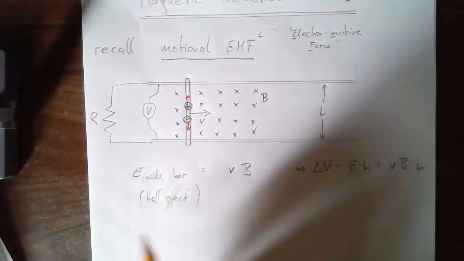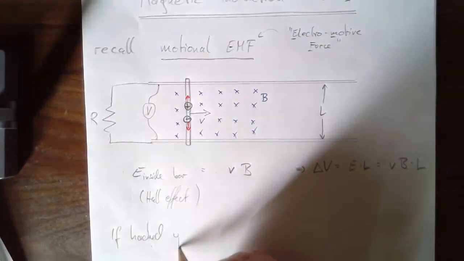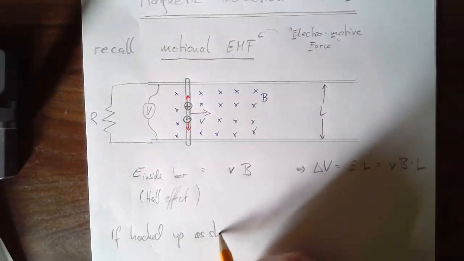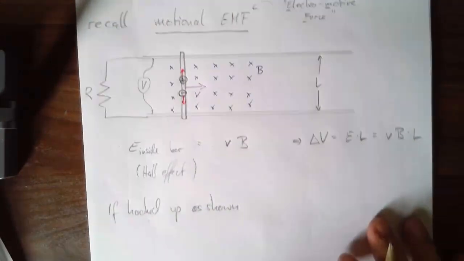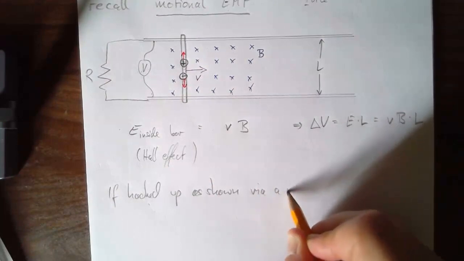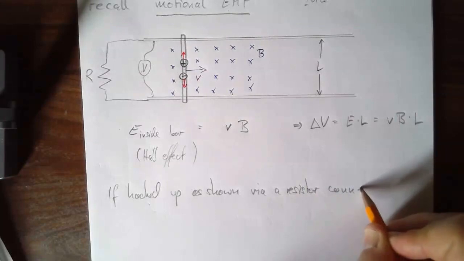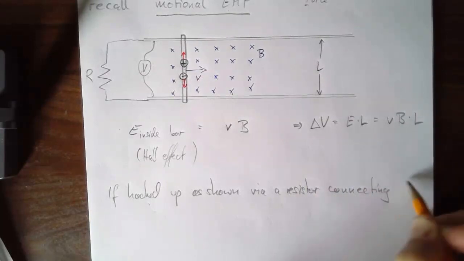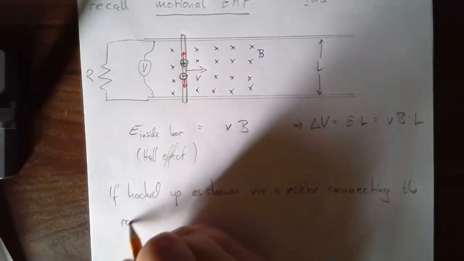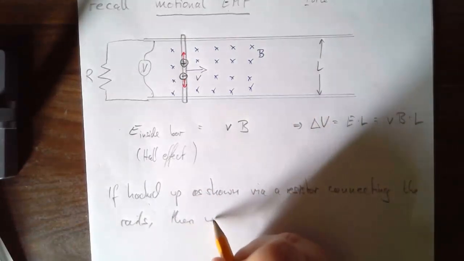So if hooked up as shown, with a resistor connecting the rails, then we get a current.